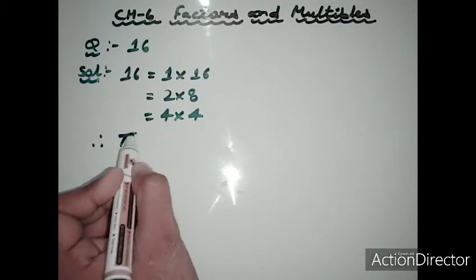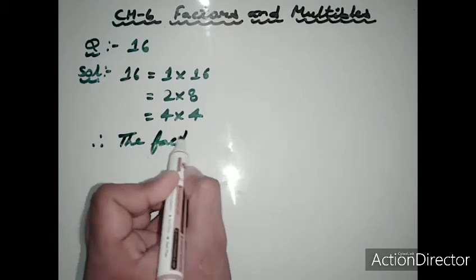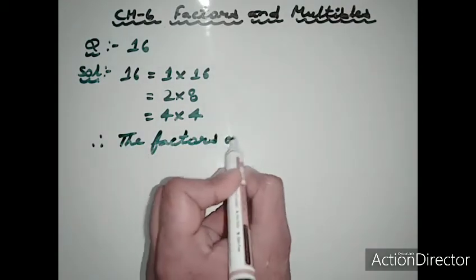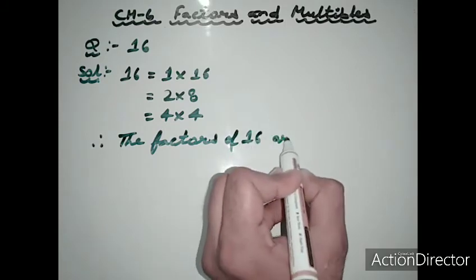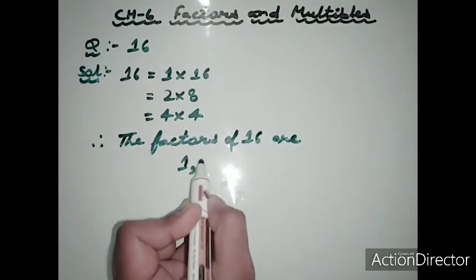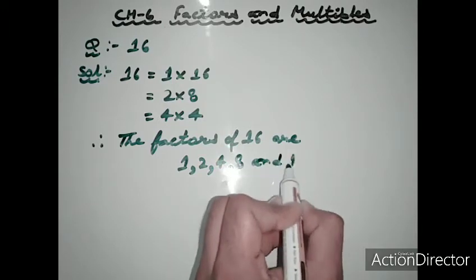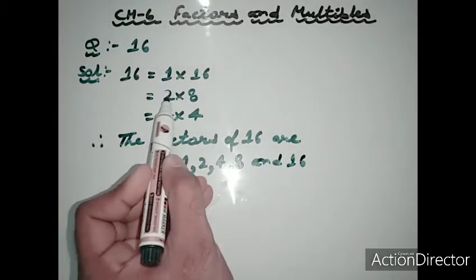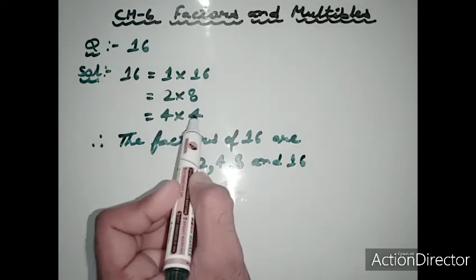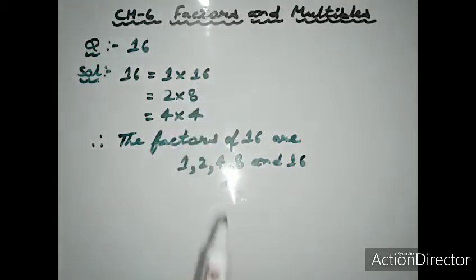So the factors of 16 are 1, 2, 4, 8 and 16, right? So these all are the factors of 16.